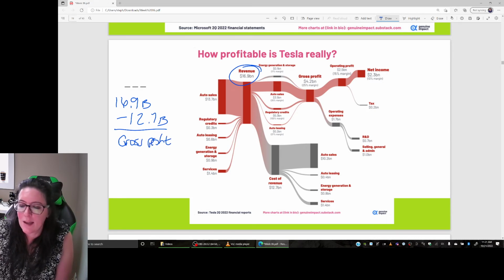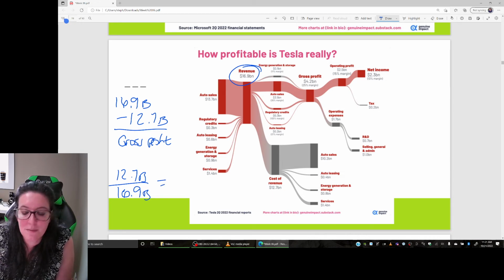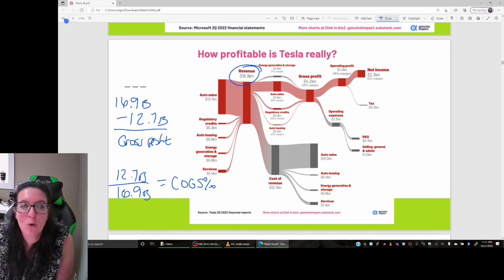Okay. If we took 12.7 billion and divided by the 16.9 billion, what would that number give us? That's our COGS percentage. Okay. And if we want to find gross margin, we do what?